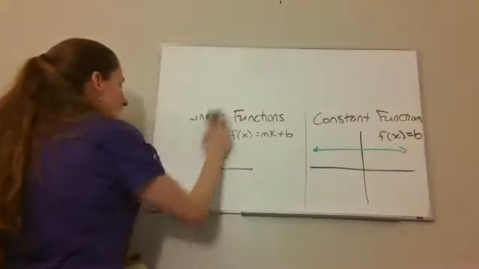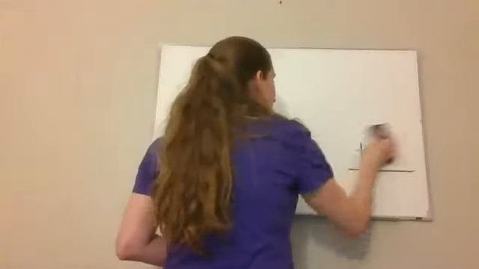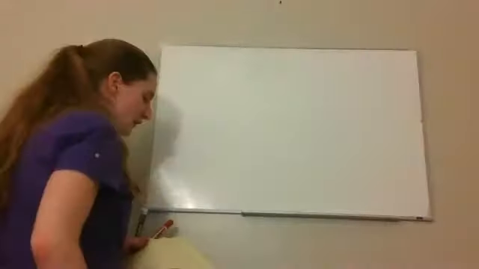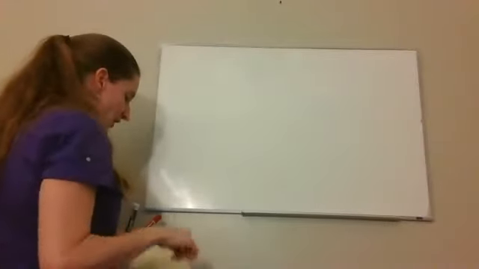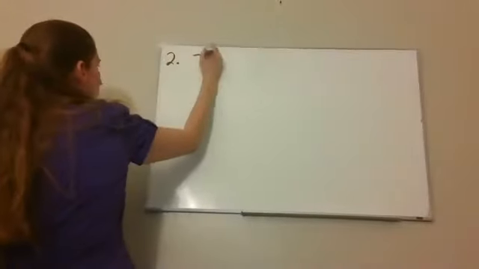All right, our next basic type of graph that you should be very familiar with is the identity function. And the identity function is also actually a linear function. It's just a very particular one. So we give it its own special spot at number 2.